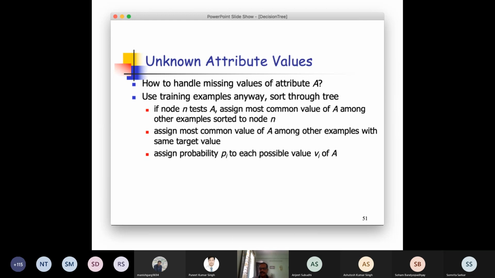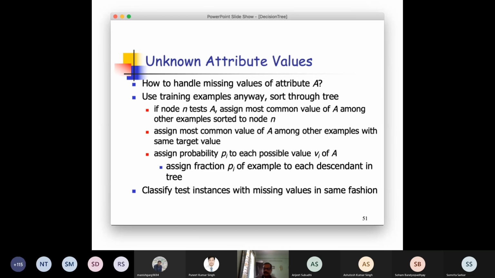The third one is that you randomly assign a value, but according to a probability distribution. Earlier you were only considering the most frequent value, but now you consider a probability distribution, and according to that distribution, with certain probability, you assign a value. So assign fraction p_i of the example to each descendant in the tree.